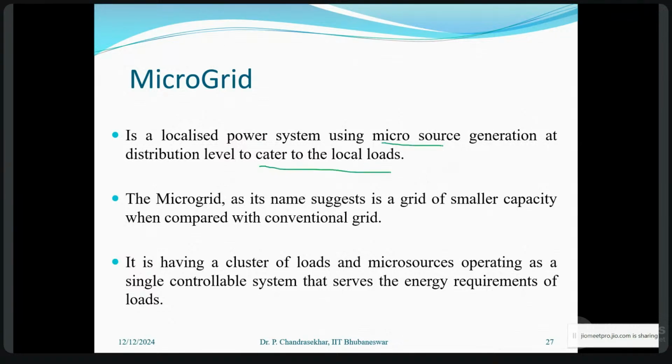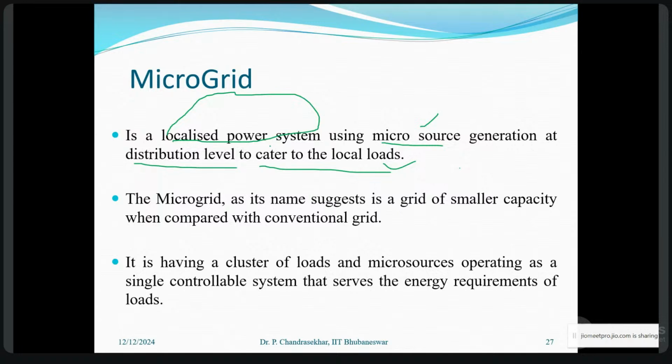So small sources at low voltage, and it is a localized power system. Power system means, of course, we need to have generation and we should have loads, right? And these loads need to be connected with a distribution network. As it is a distribution network, the voltage level will be low. That's a simple understanding of the microgrid.